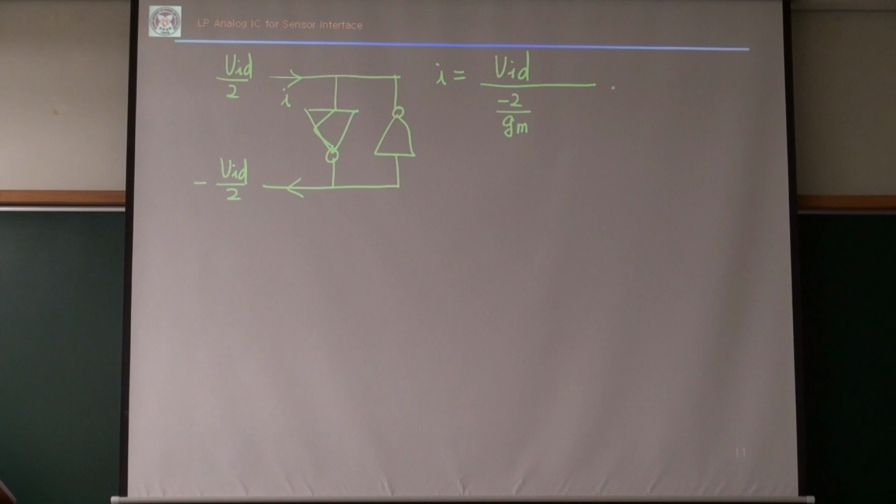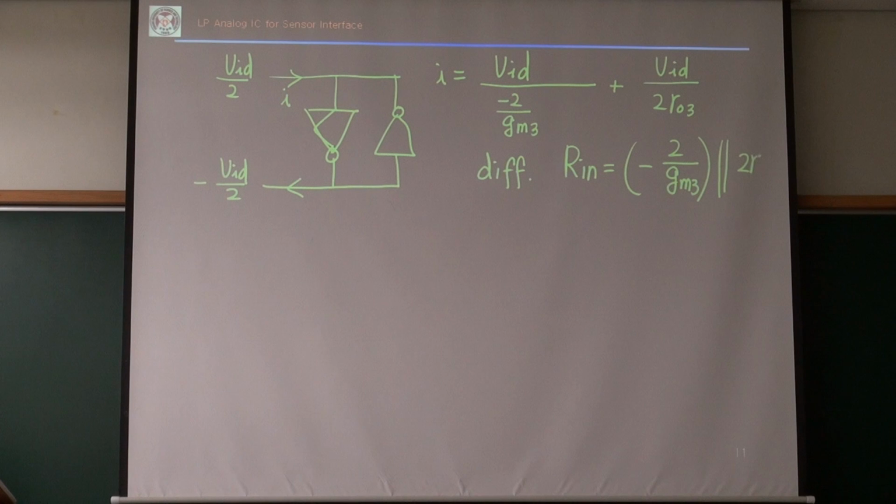I think I equals VID over 2 ro3. Yes, this is for differential mode. So for the differential mode, the input impedance is minus 2 over gm3 in parallel with 2 ro3. That's the differential mode impedance.